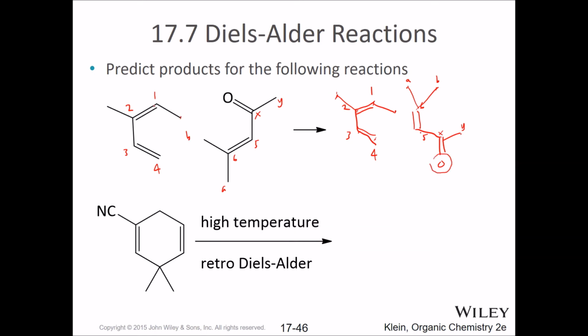Okay, good, so I've counted everything up. We're going to have a hard time with a sigma bond here, but it can be done. It's a little ugly, but it's going to be in the way.